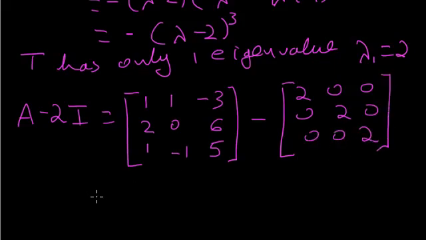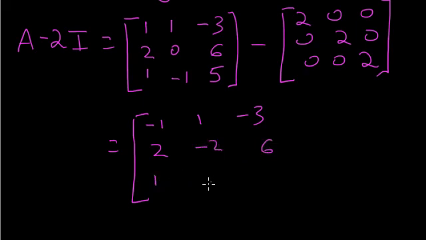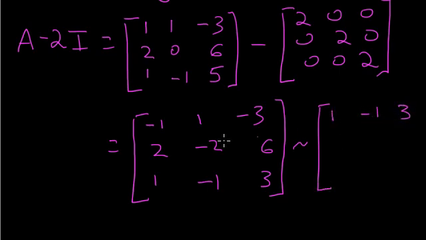So the matrix A minus 2I is the matrix negative 1, 1, negative 3, 2, negative 2, 6, 1, negative 1, 3. And it's very easy to see that this is row equivalent to the matrix 1, negative 1, 3. It's because this row is a scalar multiple of this row, and this is just the negative of that. So all three rows are scalar multiples of 1, negative 1, 3.